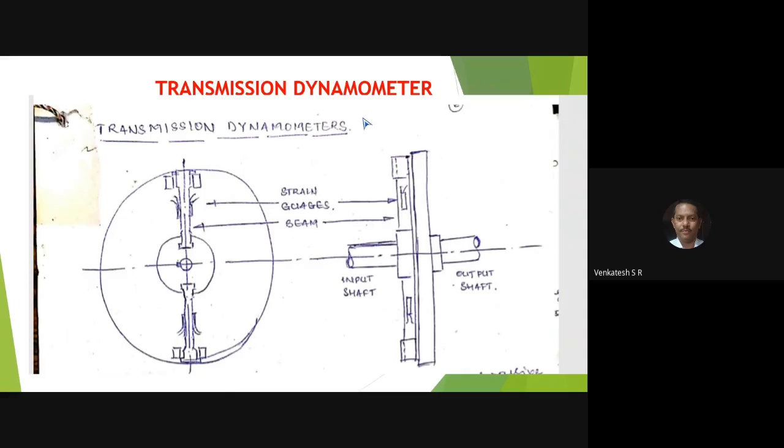Next, you write down the question: Explain briefly with neat sketch transmission dynamometer?